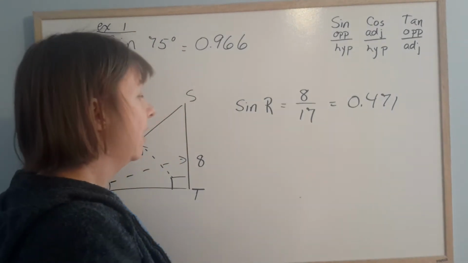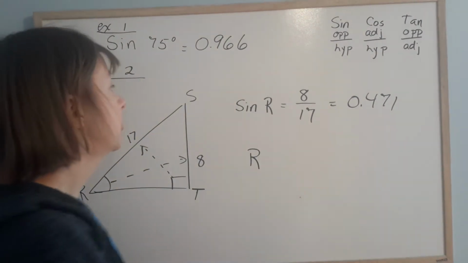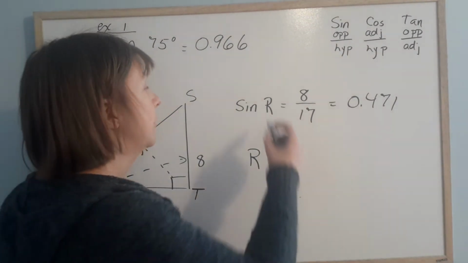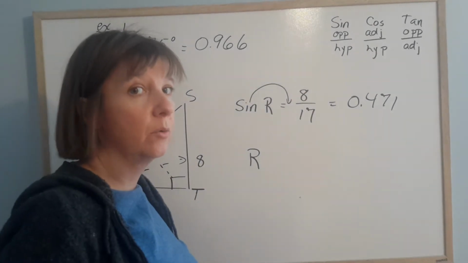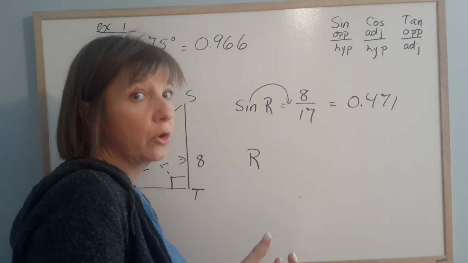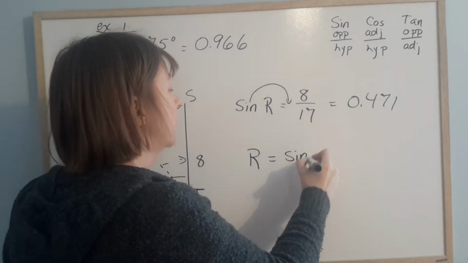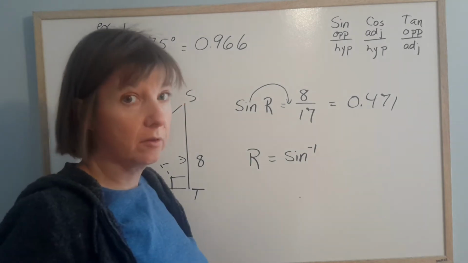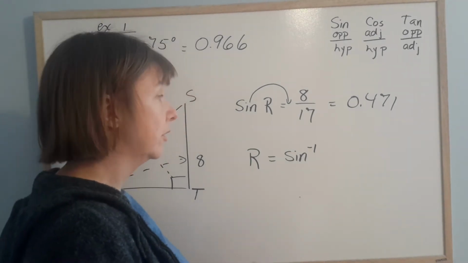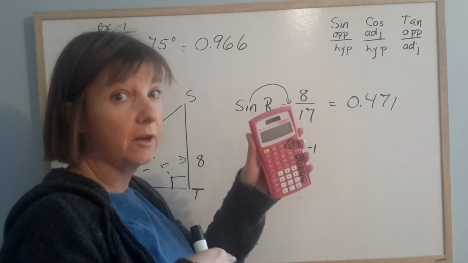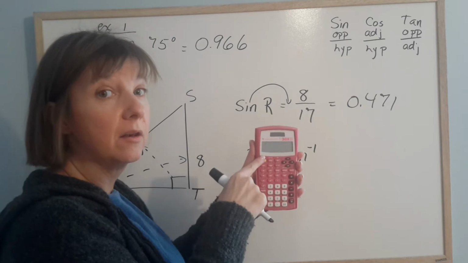The next thing they ask you for is what is R? What is that angle measurement? So just like with the tan function, if you're going to move the sine over and the angle's not going with it, all you're moving is the word. You're just moving sine. It becomes the thing that's called arc sine, but you have to hit your second function. On my calculator, it's a yellow second function button, and it's up here.